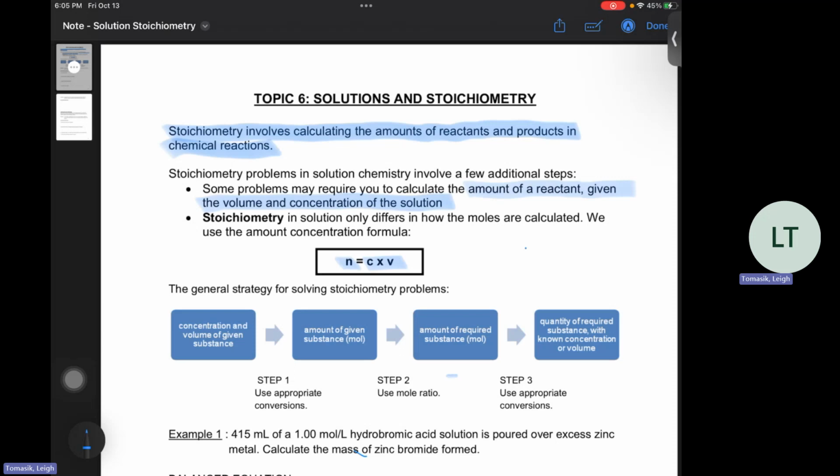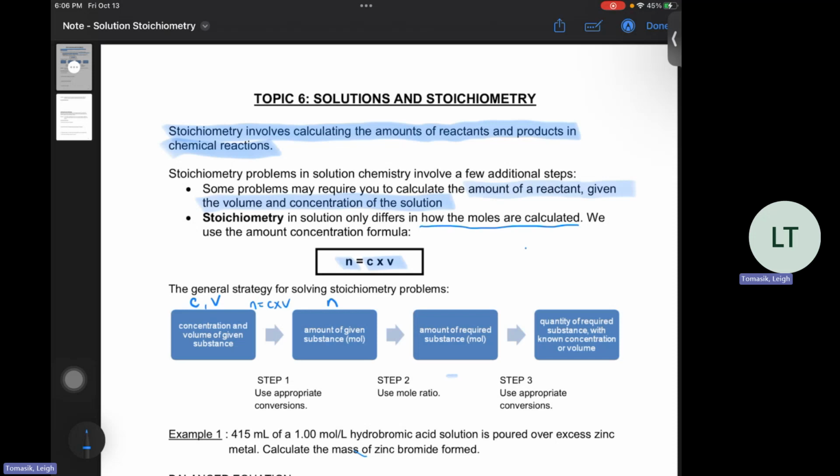the moles. So stoichiometry in solution only differs in how the moles are calculated. All of the other steps are the same. The general strategy for solving stoichiometry problems is, if we are given a concentration and volume, we can turn that into moles, right? So we're given C and V, and then we convert them into n by using the n equals C times V formula, okay?